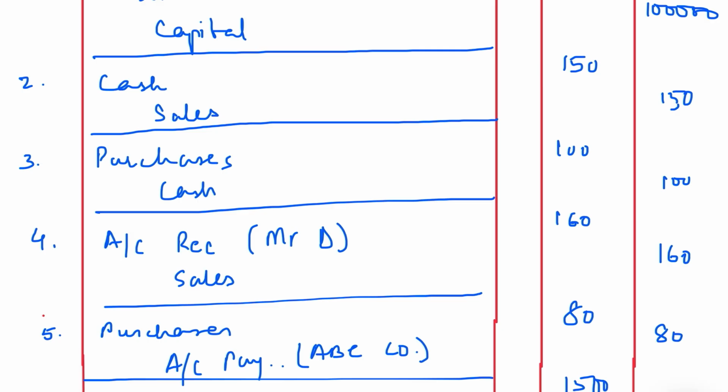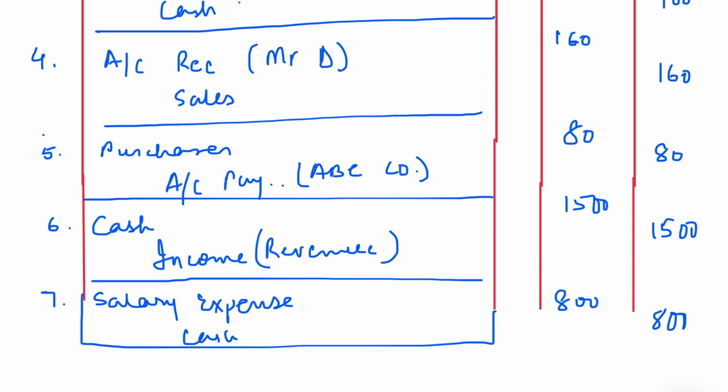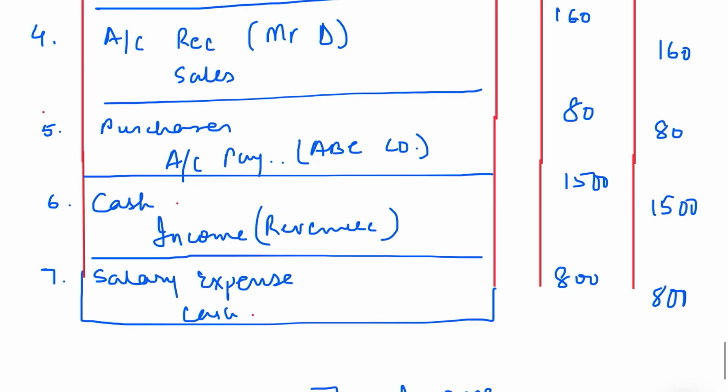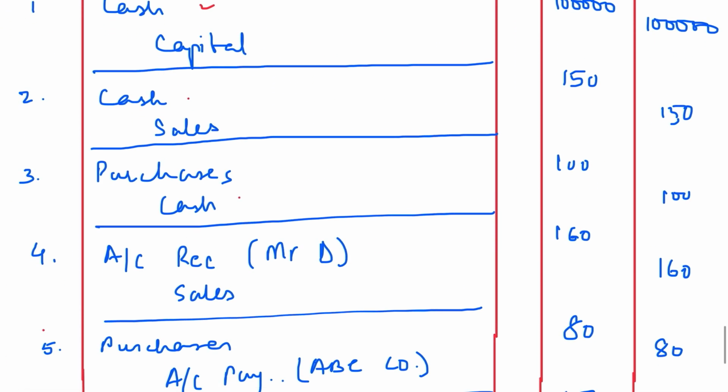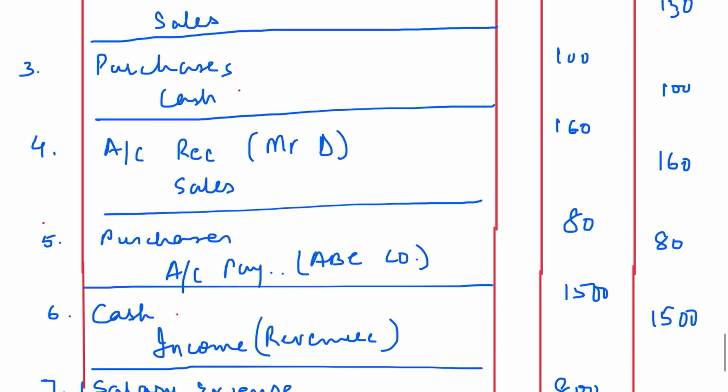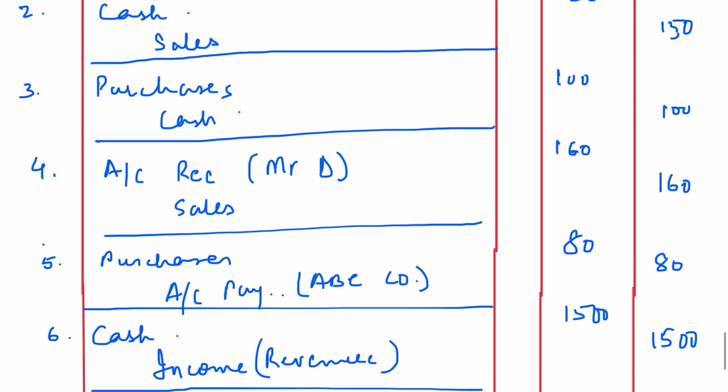We have 3 cash account, then we have 4th cash account and 5th cash account. Now we will come here. Done. Then next, capital, sales. We have 3 sales, right? We have 3 transactions which are related to sales.